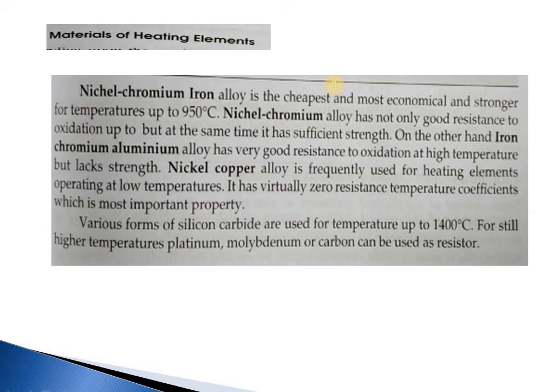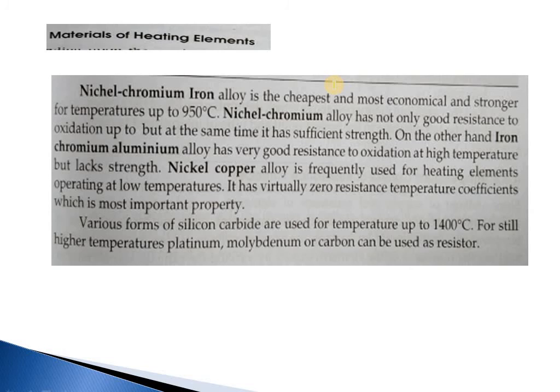Now we will see what materials are generally used and considered good heating elements. Nickel chromium iron alloy is the cheapest, most economical and stronger for temperature rise up to 950 degrees centigrade.